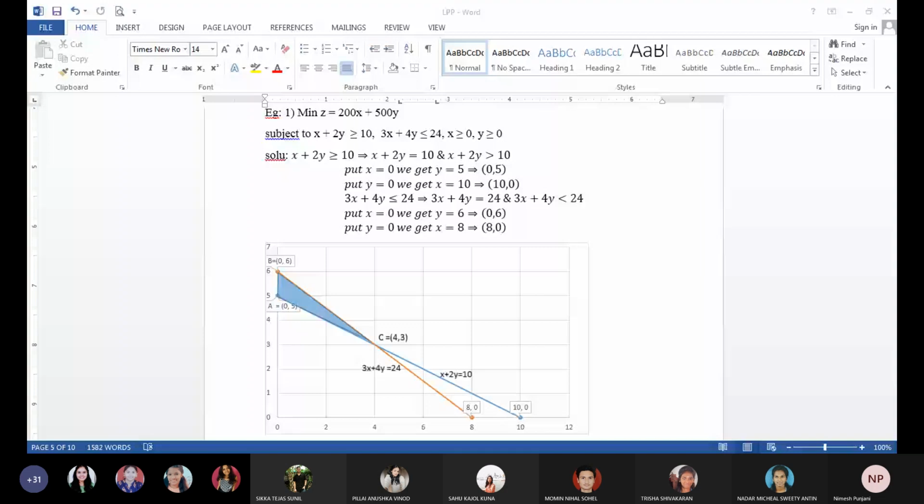A has coordinates 0,5, B has coordinates 0,6, C has coordinates 4,3. Tell me, is this feasible region okay?